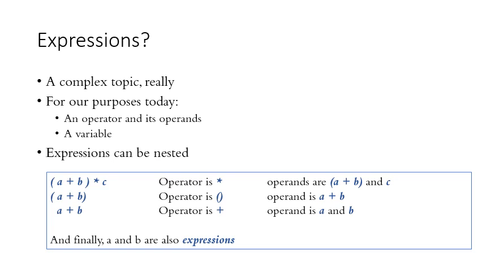Lastly, in a plus b, the operator is the plus or addition operator, and the operands are a and b. Finally, individually a and b, as variables, are also expressions.